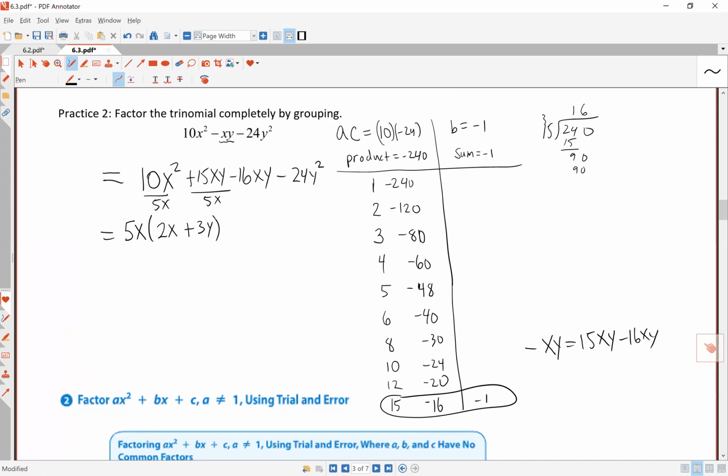From a negative 16xy and a negative 24y squared, we have a GCF of negative 8y. Dividing that by negative 8y leaves us with 2x and 3y. We have the same binomial twice, so we factor one off to the right-hand side. And what's left over is a 5x minus 8y.